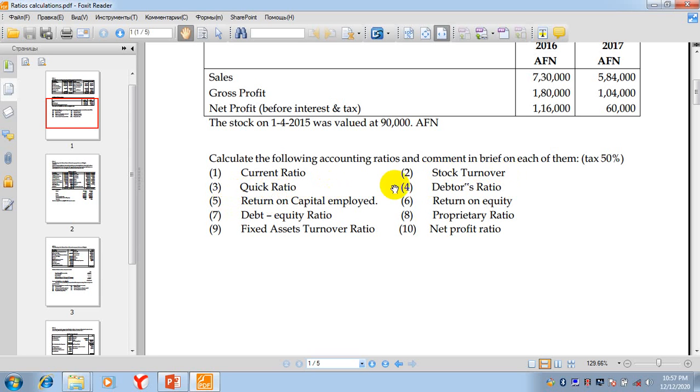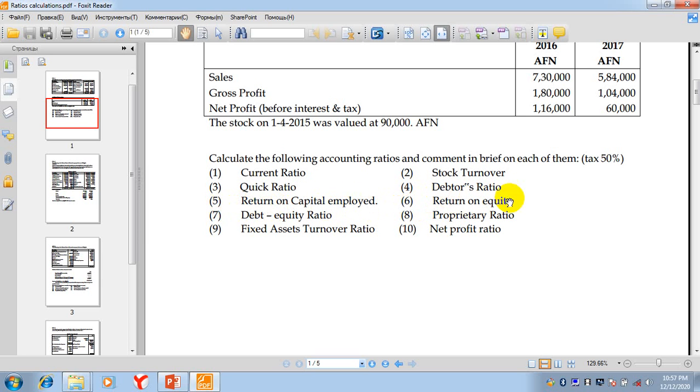Quick ratio, debtors ratio. Debtors ratio means account receivable, or you can say receivable turnover, and you will also calculate receivable turnover in days.